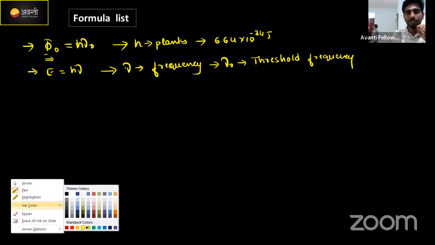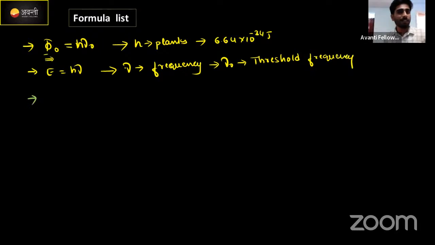After this, the electron absorbs the required energy, and then it starts to move, which means kinetic energy. Based on Einstein's energy equation, the conservation of energy, we can write E is equal to work function plus kinetic energy. Kinetic energy is half m v square.